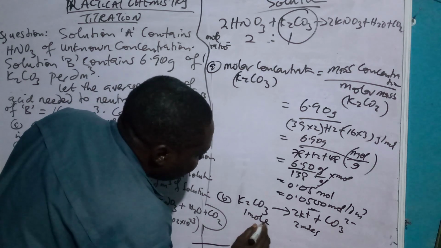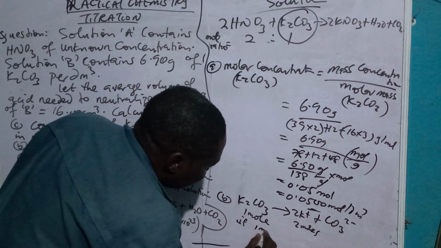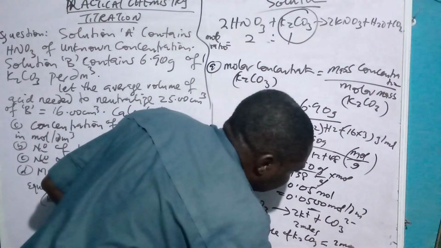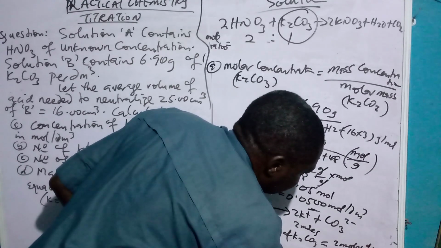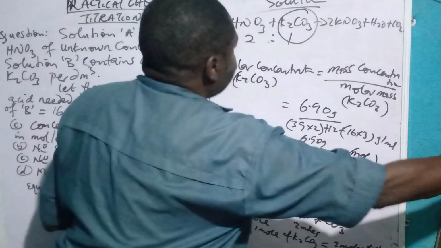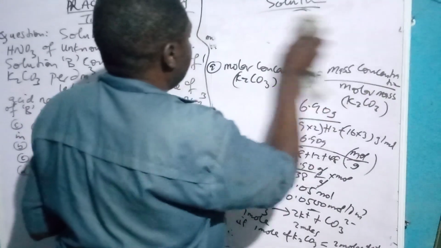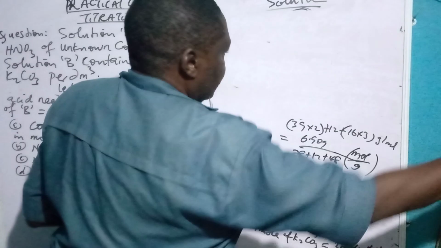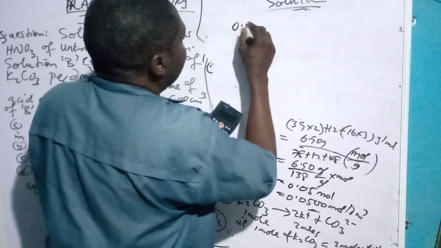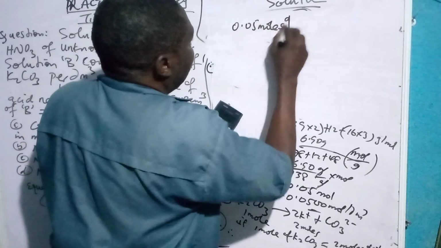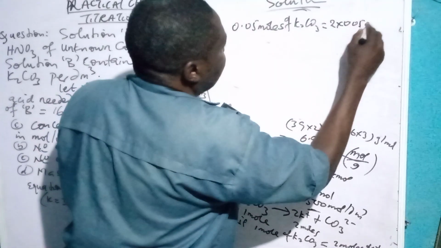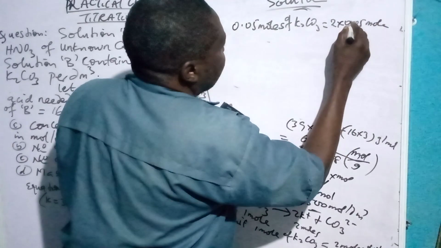We now say if 1 mole of K2CO3 gave 2 moles of K plus, therefore 0.05 moles of K2CO3 will give you 2 times 0.05 mole, just using the mole ratio method.